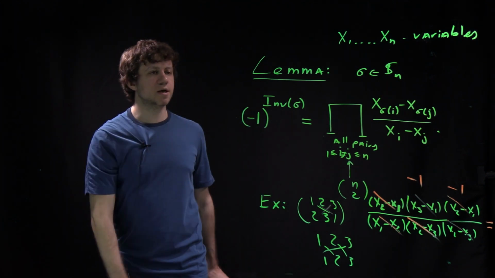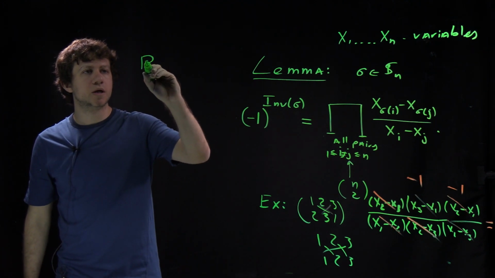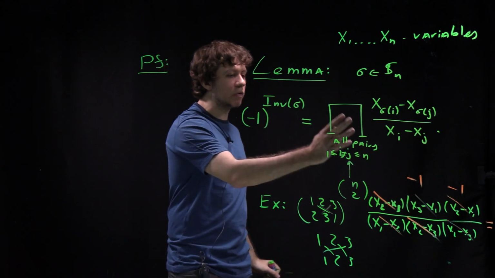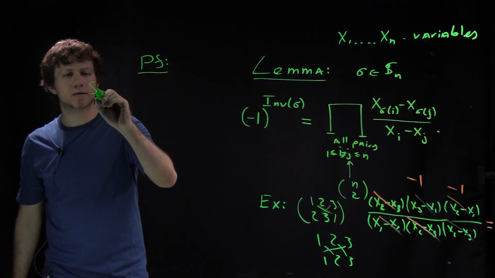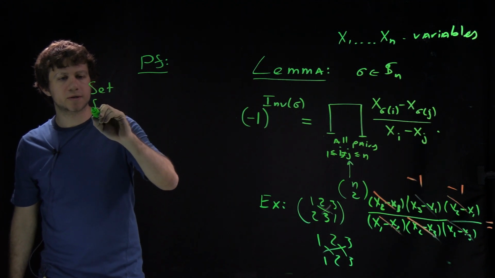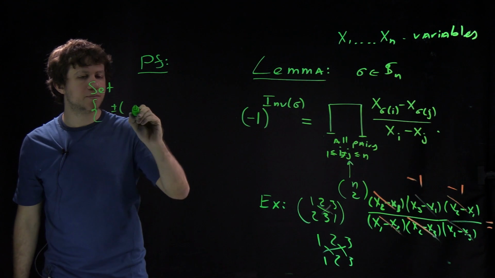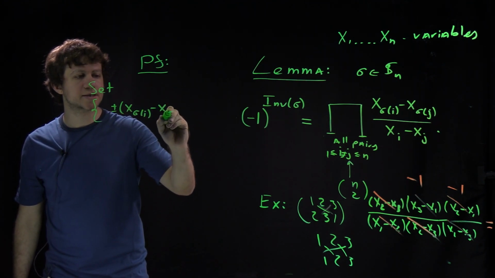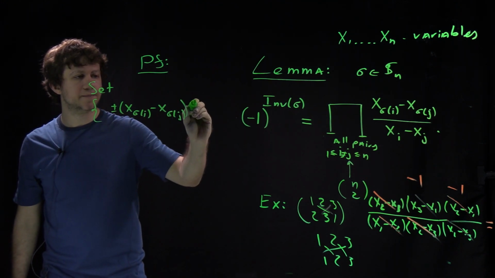Okay, so this is an example, and how would I prove that? So the proof is very, very simple. If I just look at the set of monomials, the elements of the set will be these monomials x sigma of i minus x sigma of j, up to sign.